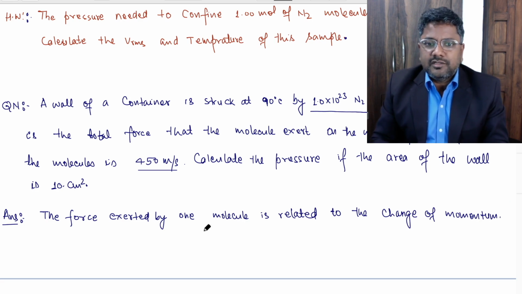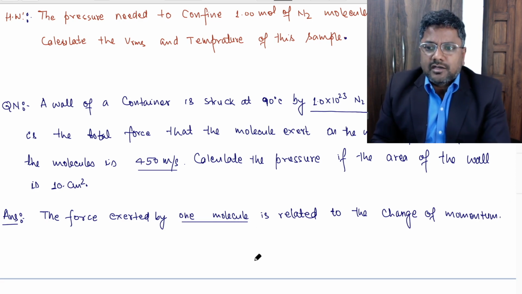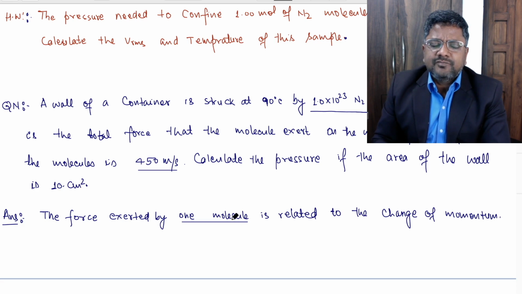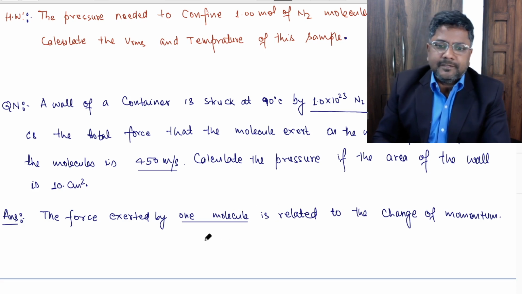So we know for one molecule we have the formula change in momentum per second, right? So dp by dt.